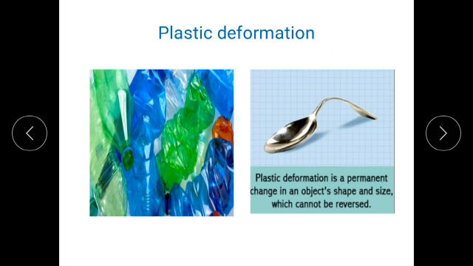In this another photograph, we take the example of a spoon, and here it is observed that this plastic deformation is a permanent change in its shape and size. Here this is the permanent change in this spoon, and there is a permanent change in the shape and size of those bottles.